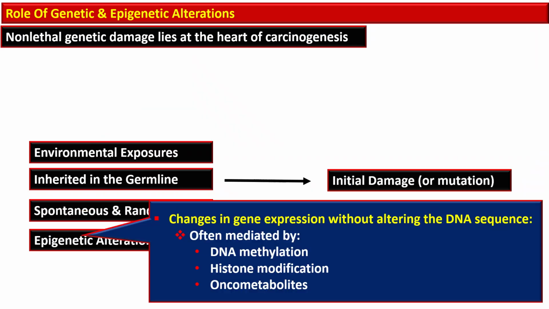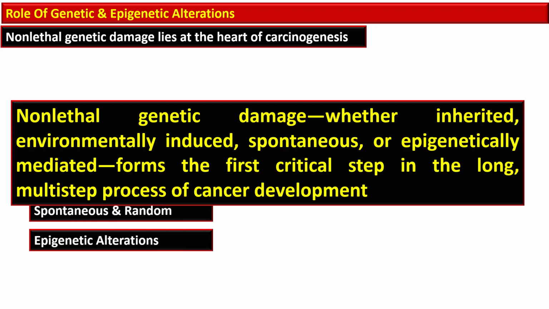Then the epigenetic alterations are the changes in the gene expression without altering the genetic sequence, often mediated by DNA methylation, histone modification, and oncometabolites. So the non-lethal genetic damage, whether inherited, environmentally induced, spontaneous, or epigenetically mediated, forms the first critical step in the long multi-step process of cancer development.